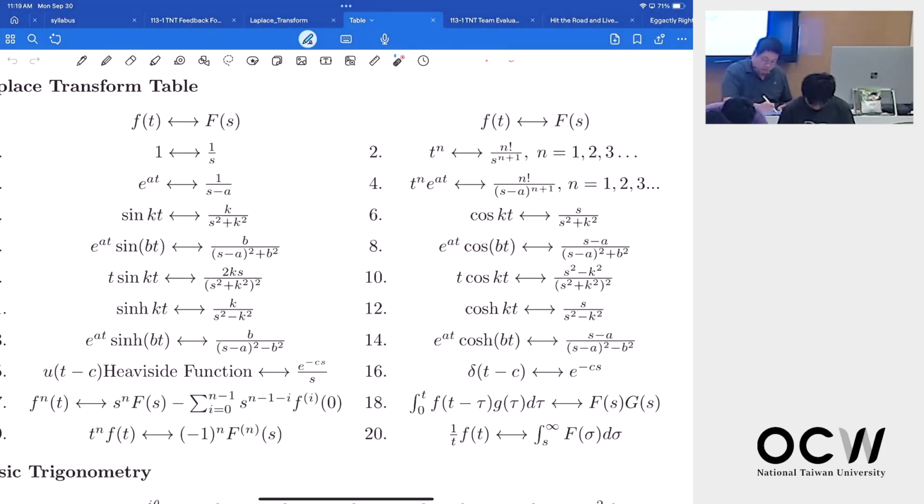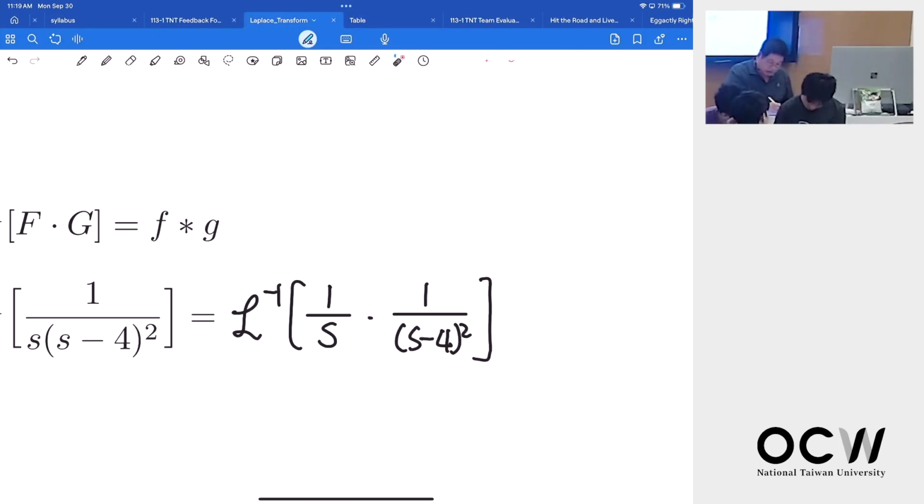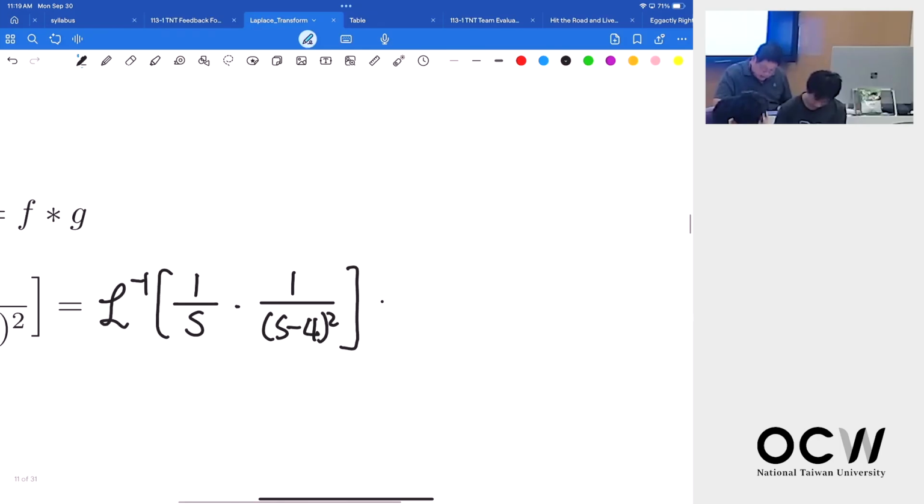In this case, I have a 1 over s and 1 over (s minus 4) squared. 1 over s, we know this one. And 1 over something squared, here 1 over s squared. Okay? So in the time domain, it should be 1 convolve t times e to the 4t.